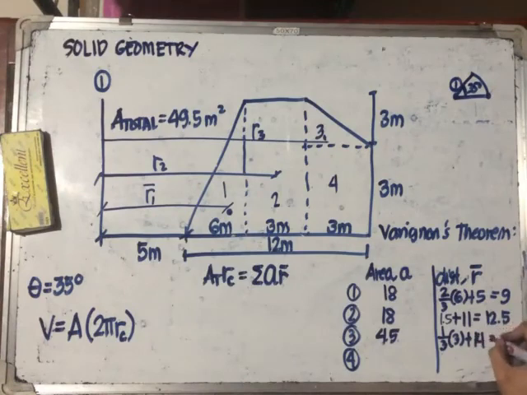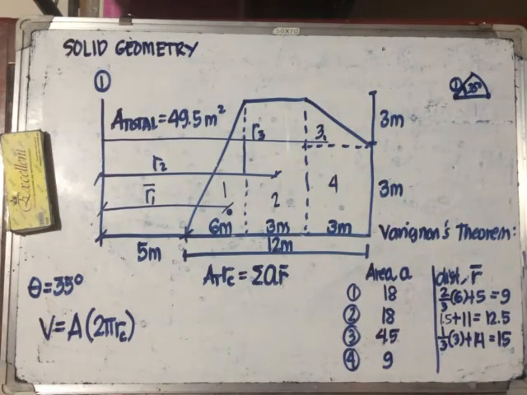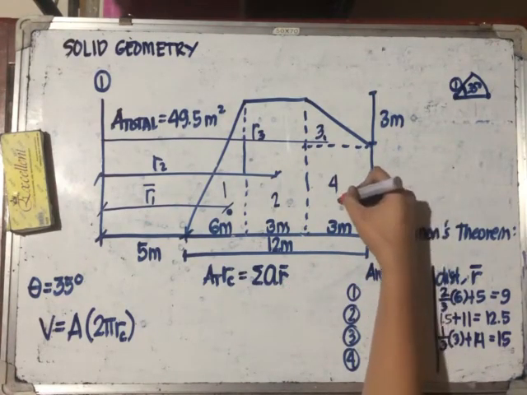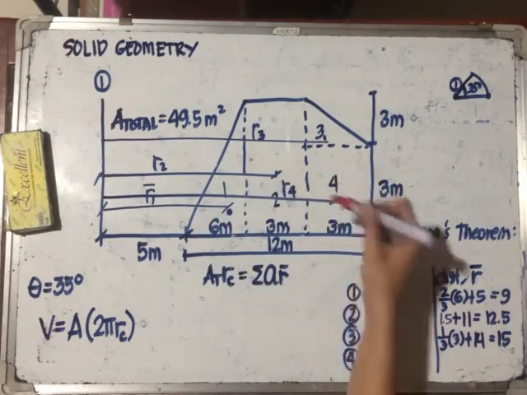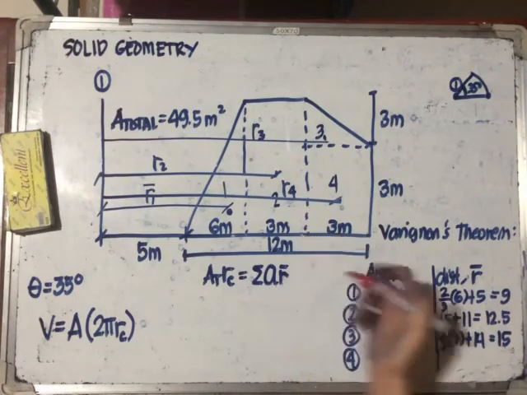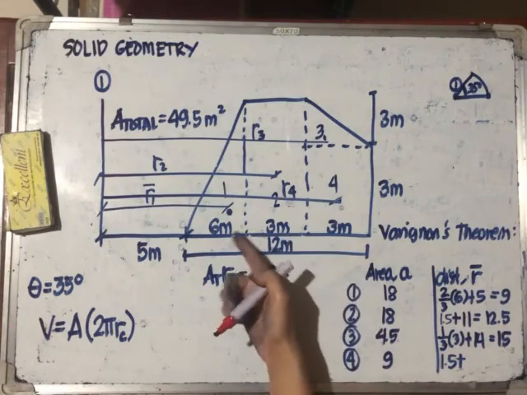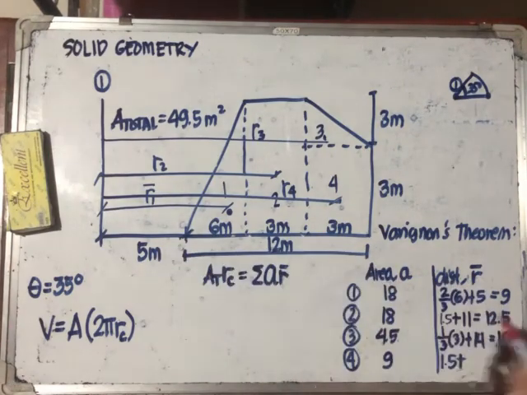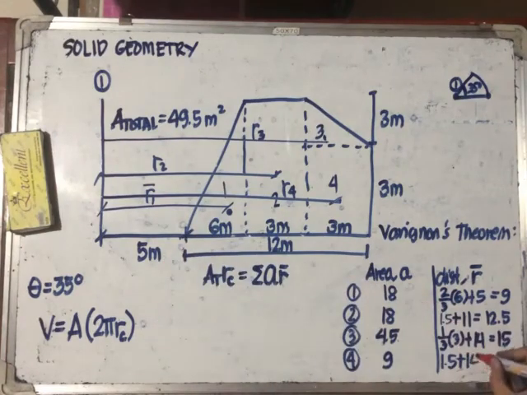That's 14. So this would be 15 in total. And lastly, you have 3 times 3, 9 as our area. And distance R sub 4 is here. So R sub 4 is 1.5 plus 3, 6, and 5. 3, 6, that's 9 plus 5, that's 14, 15.5. So, ito yung gagawin natin ngayon, no?